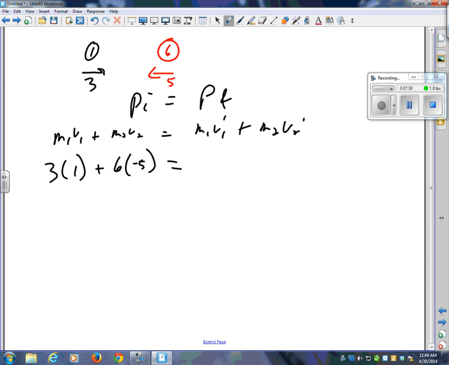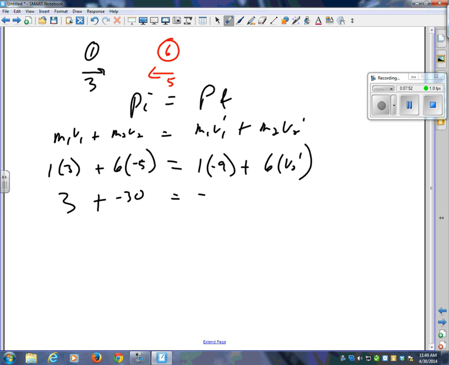This should be 1 times 3. I got them backwards. The other one's 1 times minus 9. Can I plug them in the right spots? 3 plus minus 30 is equal to minus 9 plus 6 V2 prime.